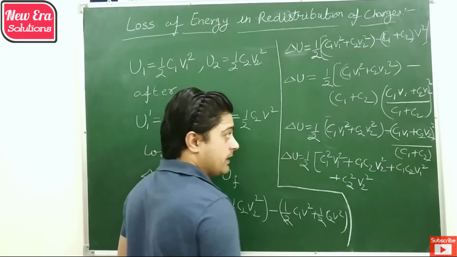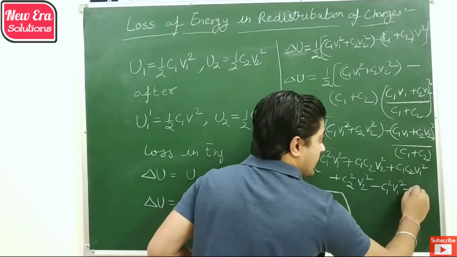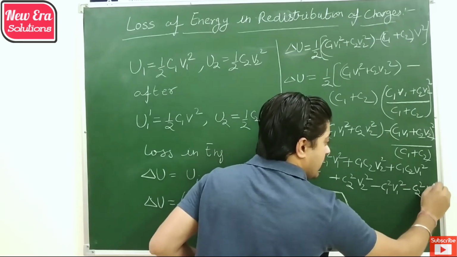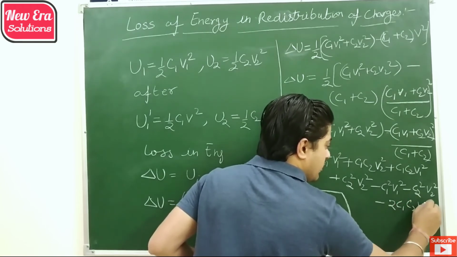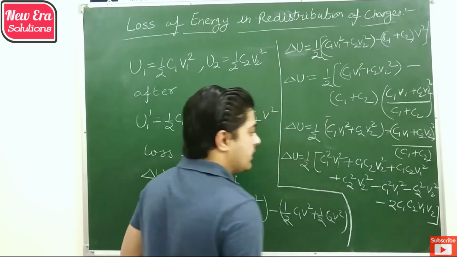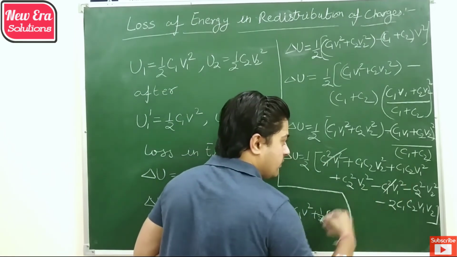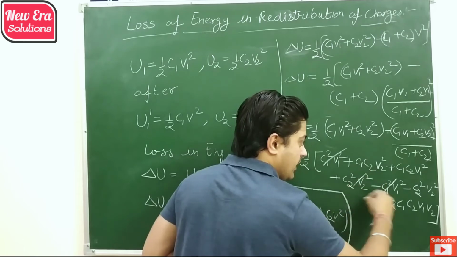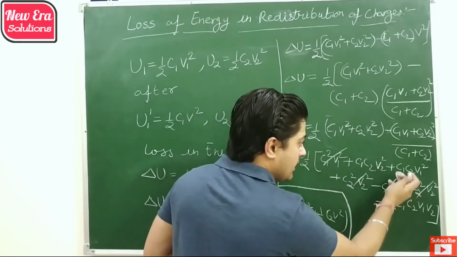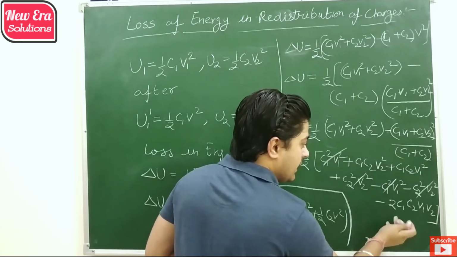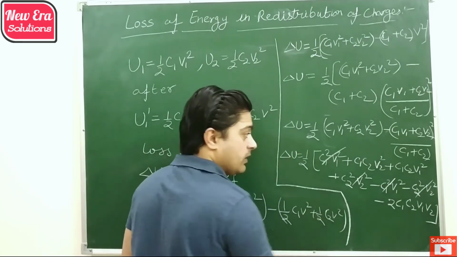Then by solving that square, we get minus C1 square V1 square minus C2 square V2 square minus 2 C1 C2 V1 V2. In the given terms, C1 square V1 square is cancelled out. Similarly, C2 square V2 square is cancelled out, and we obtain C1 C2 V2 square, C1 C2 V1 square and minus 2 C1 C2 V1 V2. So C1 C2 we can take common.